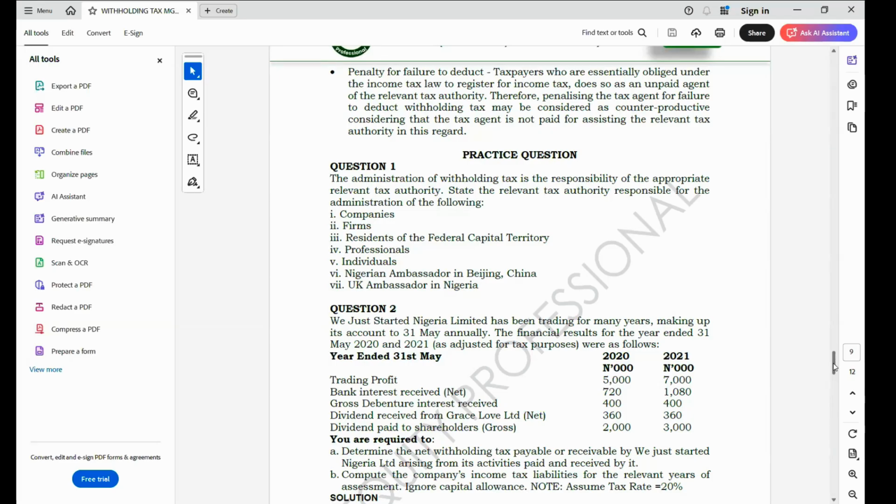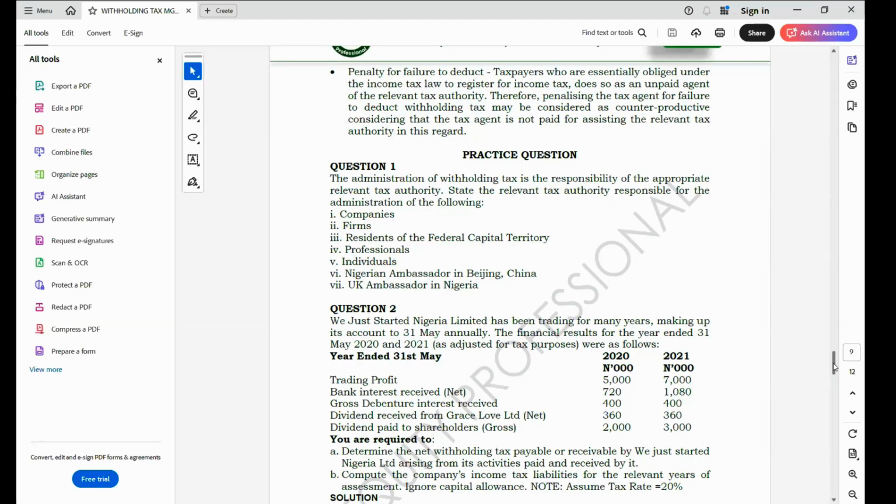But in the case of VAT, VAT deduction relates to any agent who deals in transactions above 25 million.